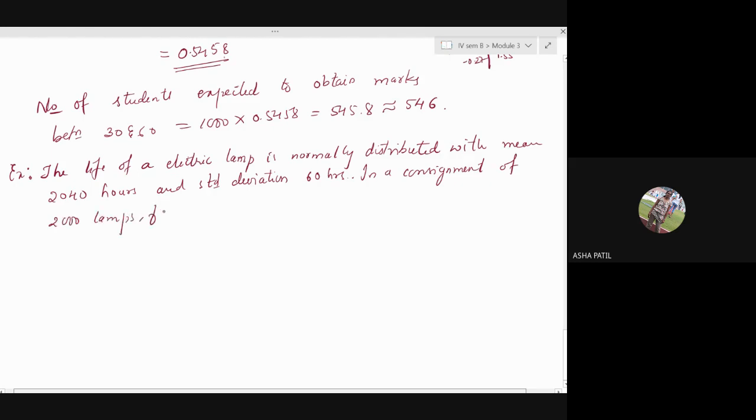find how many would be expected to burn, for first question, more than 2150 hours.